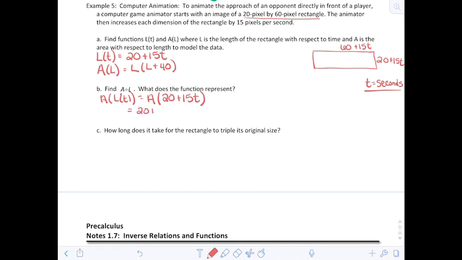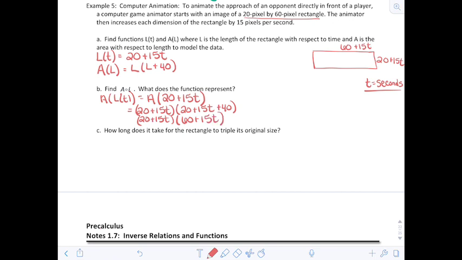So I've got 20 plus 15t times 20 plus 15t plus 40. So that's going to give me 20 plus 15t and 60 plus 15t.